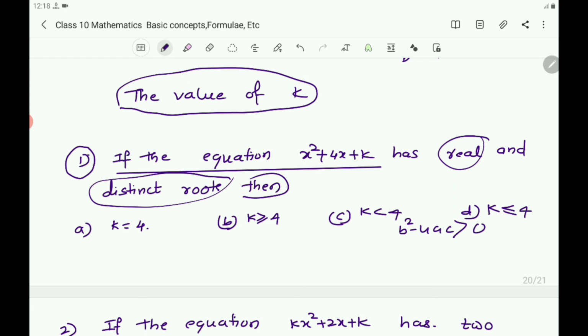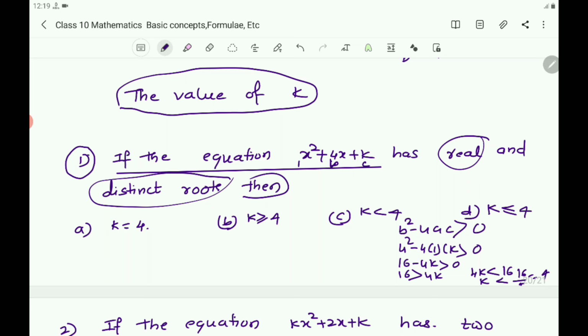Now b is 4, a is 1 and c is k. So you write 4 square minus 4 into 1 into k is greater than 0. That is 4 square is 16, 16 minus 4k is greater than 0. So 16 is greater than 4k, or 4k is smaller than 16, k is smaller than 16 by 4, that is 4.